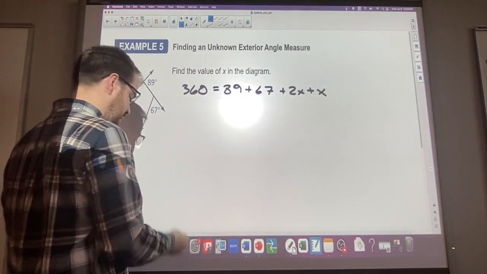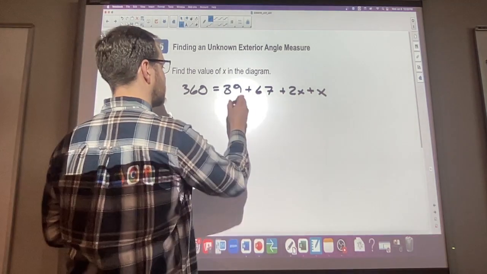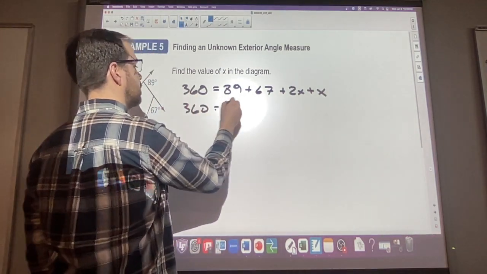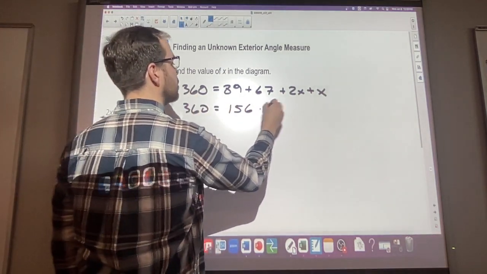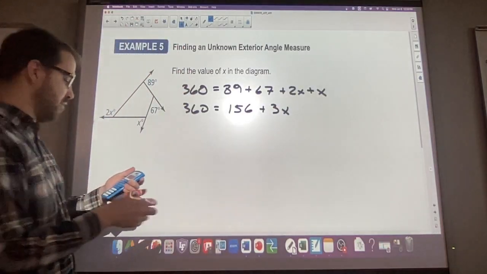I can combine my like terms. So I get 89 plus 67, I get 156. So 360 is 156 plus 3x. So now I can subtract and divide by 3.